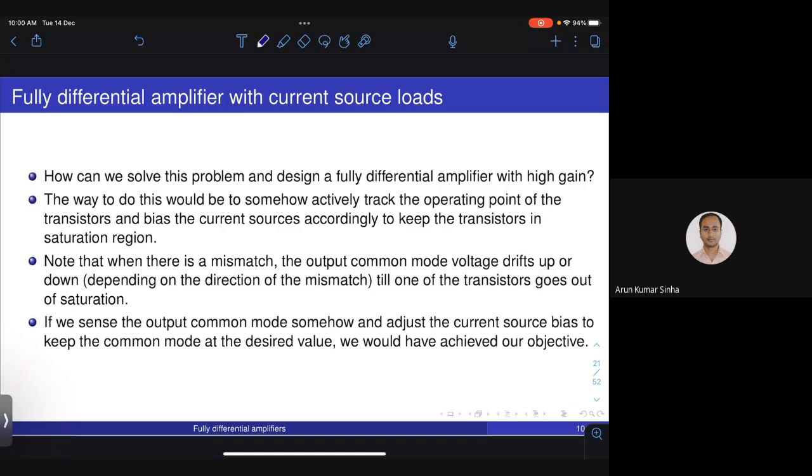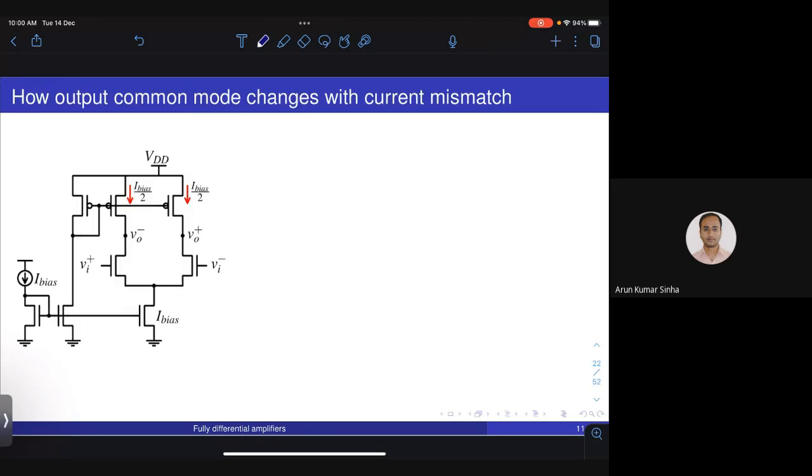If we can somehow sense the common mode and adjust the current dynamically, if you see that the output common mode is going up, you start decreasing the source current. If you see that the output common mode is going down, you start increasing the source current till you maintain the common mode at the desired value. If you can set up such a circuit, then we would have achieved our objective of keeping all the transistors in saturation, and that will make sure that we get a high gain. So how do we do that?